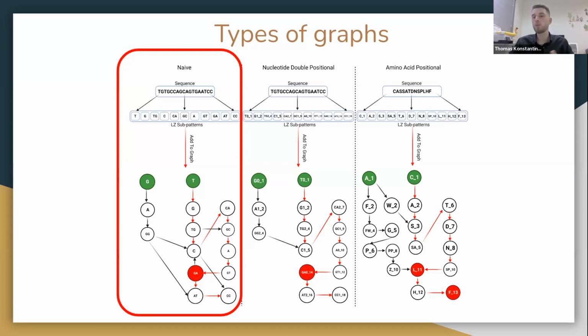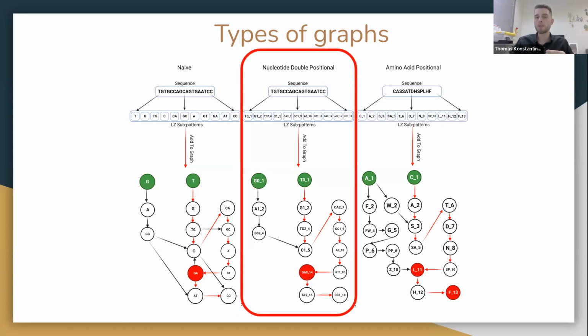Alternatively, we presented two other graph structures with some constraints that do respect the repertoire properties and the repertoire dynamics we strive to achieve. In case we are working with nucleotides, we presented the nucleotide double positional LZGraph.